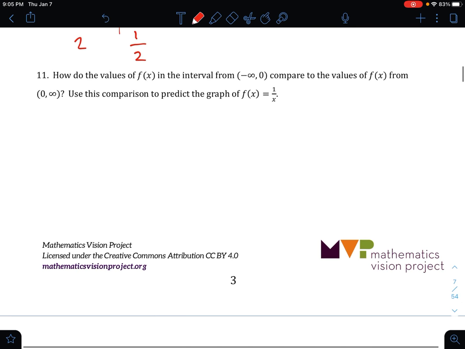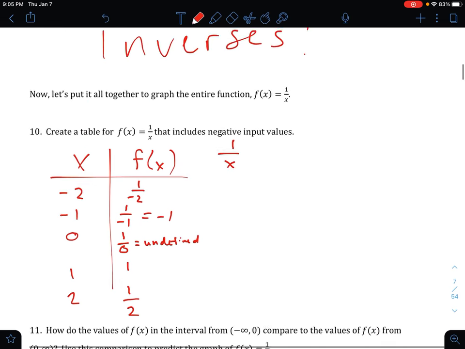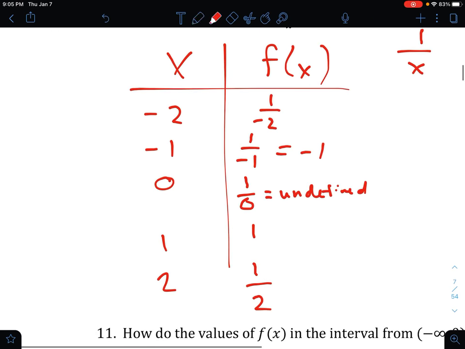So for number 11, it says, how do the values of f of x in the interval from -infinity to 0 compare to the values of f of x from 0 to infinity? Use this in comparison to predict the graph of 1/x. Okay, so if we look, for the negative values, our answers are negative. For the positive values, our answers are positive.